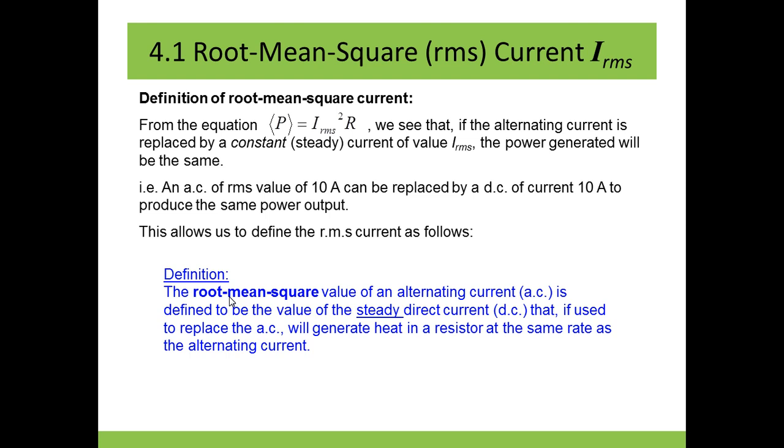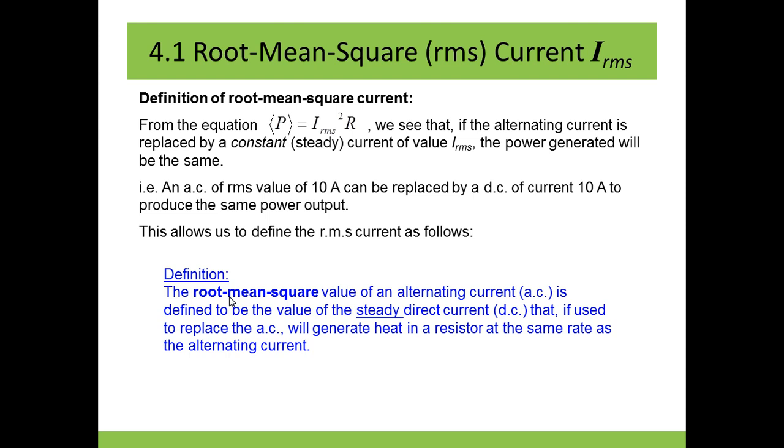That is to say, an alternating current of root mean square value 10 amperes can be replaced by a current of 10 amperes DC to produce the same output. This is in fact how we define the root mean square current.